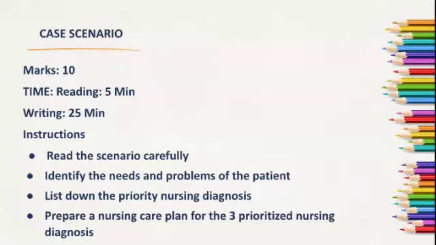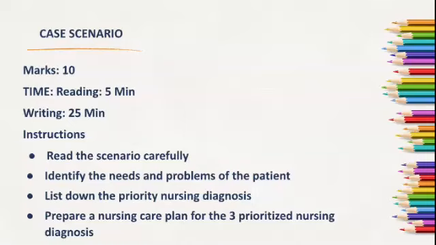So if it is a normal practical examination, you will collect history and write down all the data, and you will do a physical examination to identify the problem, and you will check basic vital signs to identify if there is any problem, and you will identify the problems and needs, and you will write the care plan.